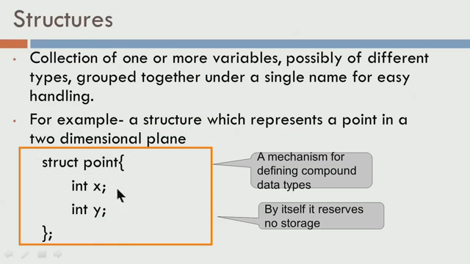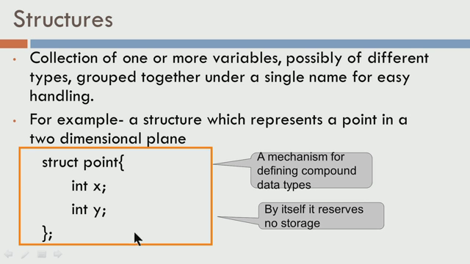So, we have created a new data type called point which has x and y as two members inside it. By doing this you get a mechanism for defining compound data types. As of now you do not have any storage. This is like saying I have an integer: only when you write int a, int b and so on do you have variables named a and b.